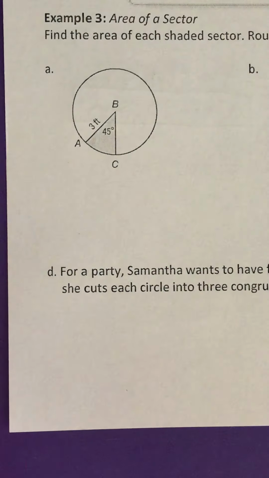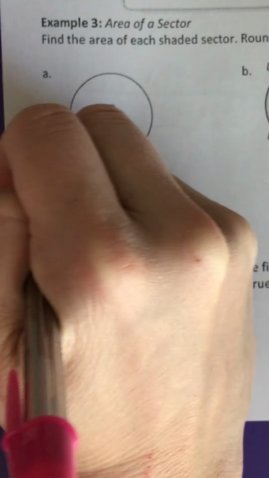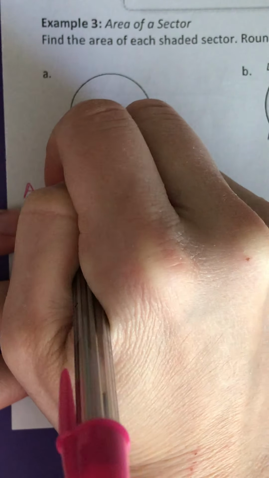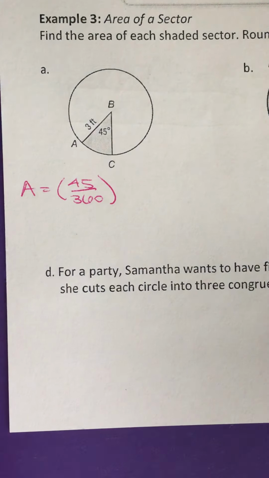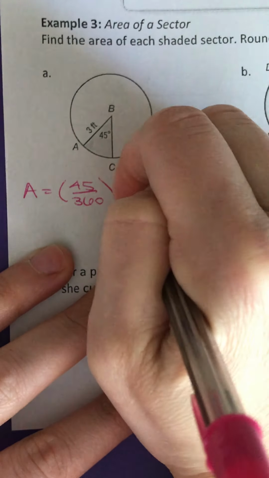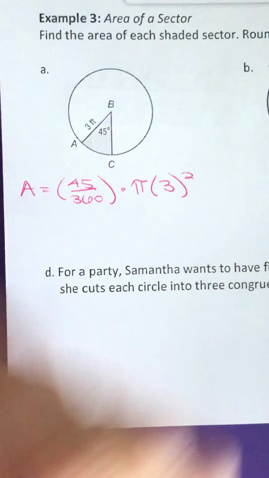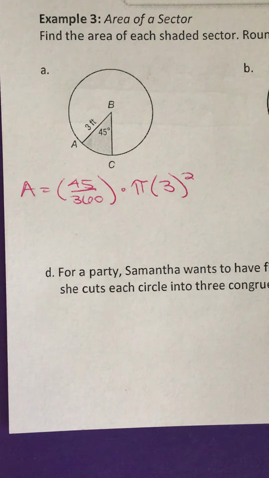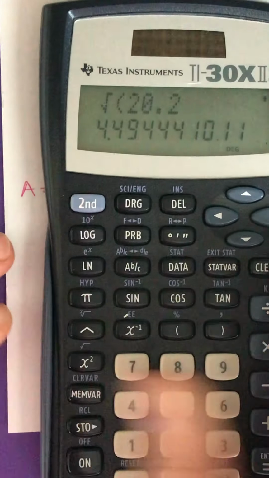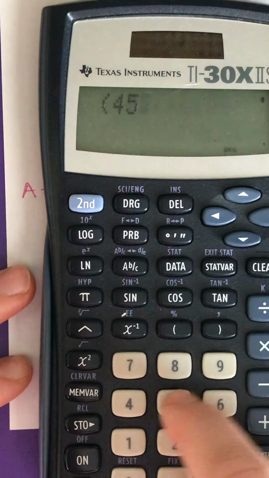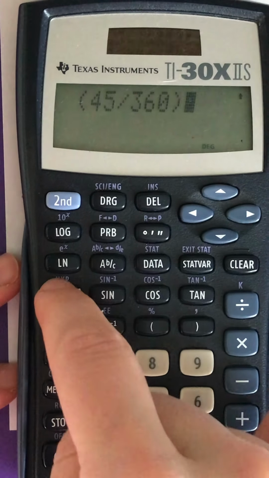So my formula: area equals 45 divided by 360 times pi times 3 squared. To put that in a calculator, just make sure you use parentheses: 45 divided by 360 times pi.